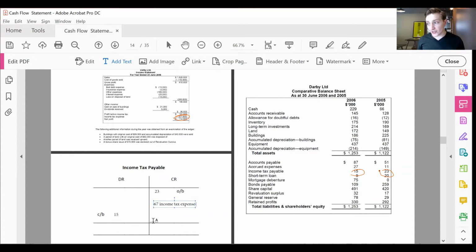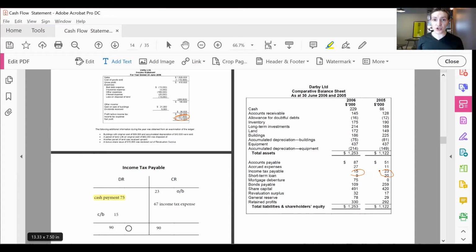So therefore our credit side all sums up to 90. Our debit side then needs to also sum up to 90. What this implies is we had a cash payment of 75. That is 90 minus 15. So we can then keep this in mind as a cash flow that will arise later on. This also is going to be a cash flow from operations, which we will need to refer back to when we get through to finalizing the cash flow statement.